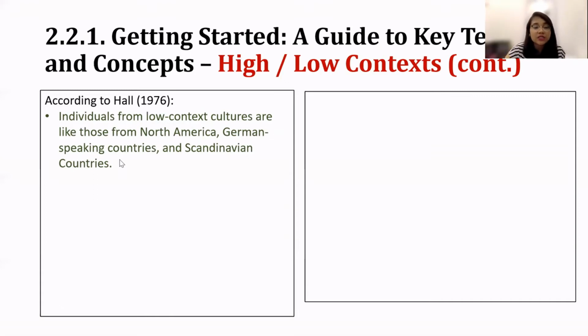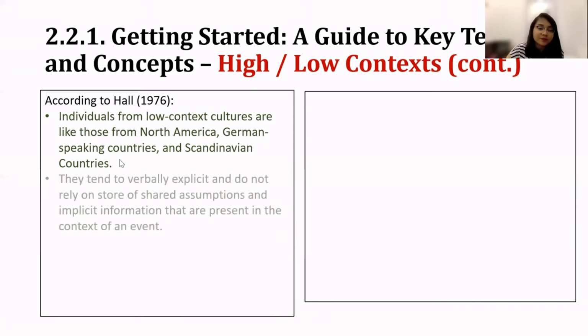Individuals from low context cultures are like those from North America, German-speaking countries, and Scandinavian countries. But try to imagine people from those countries first. They tend to be verbally explicit and do not rely on a store of shared assumptions and implicit information that are present in the context of an event.